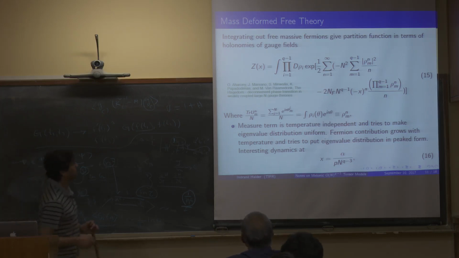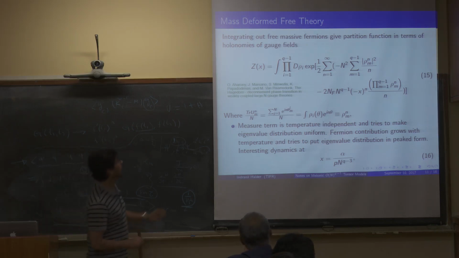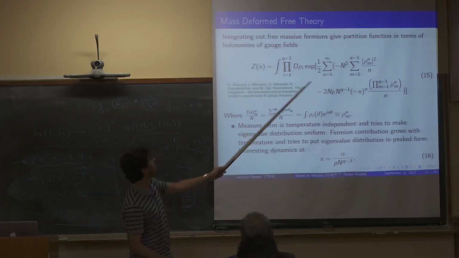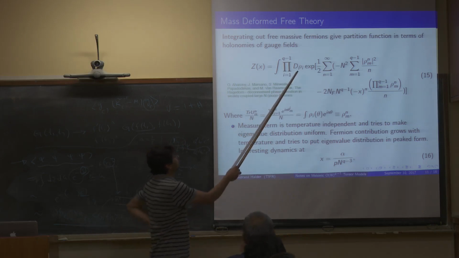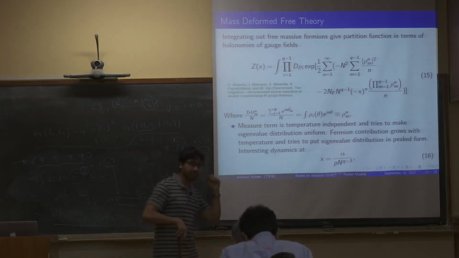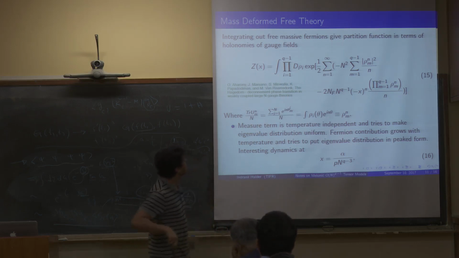Okay, so now we are talking about the mass deformed theory, in which we are working in the limit where J by M equals 0, and we are integrating out the massive fermions. Then we get some effective action for the holonomies. Here rho is the eigenvalue density function for the holonomy matrices.